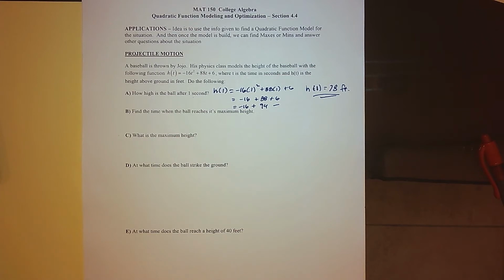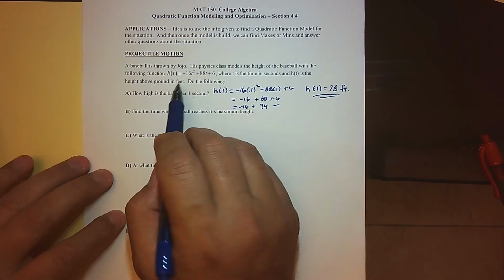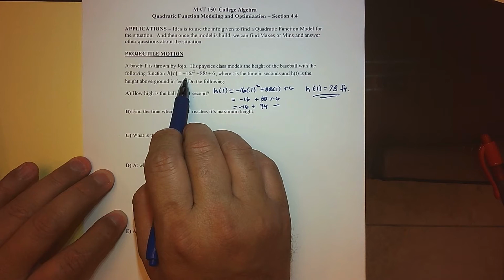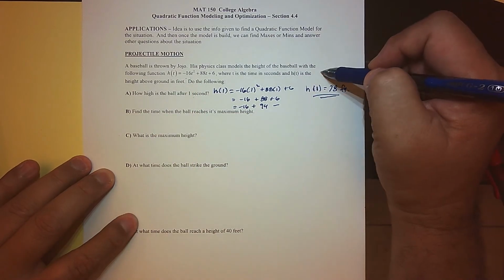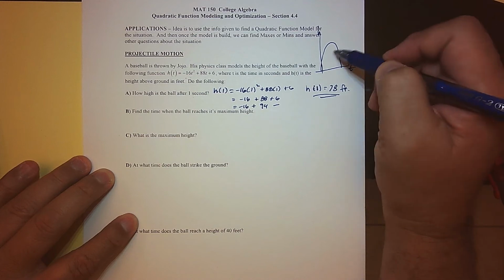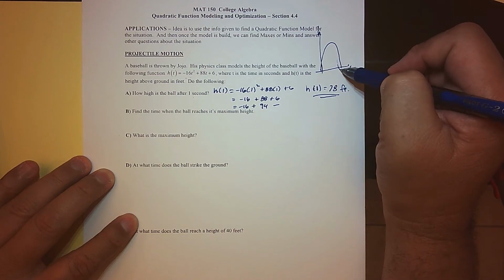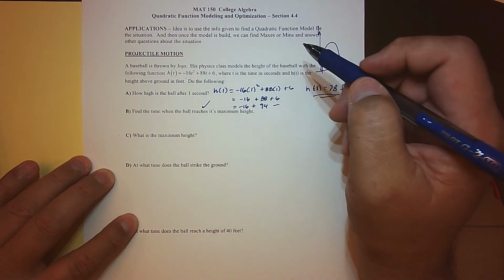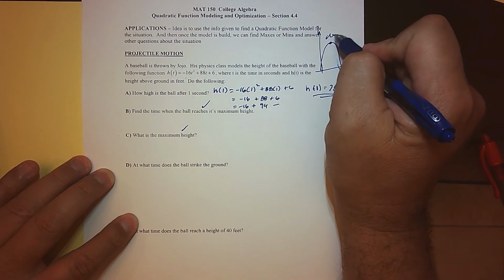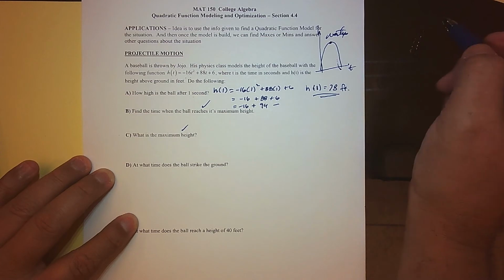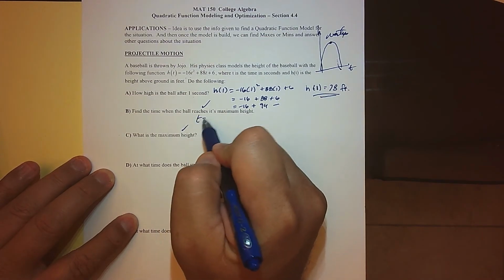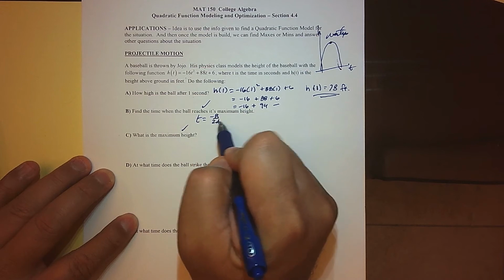Find the time when the ball reaches its maximum height. First, make sure you understand that this is a quadratic with a negative leading coefficient, so the height, h against time, is going to be parabolic. To find the time when it reaches the maximum height, and that maximum height, we're basically finding the vertex. So the time of the maximum height will be negative b over 2a.